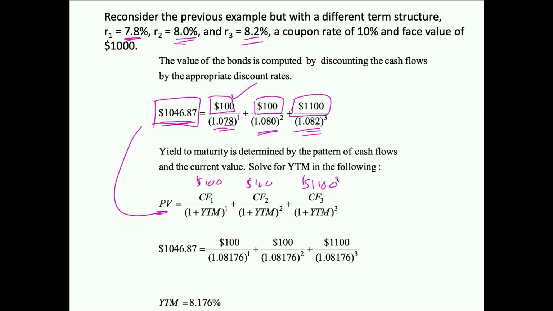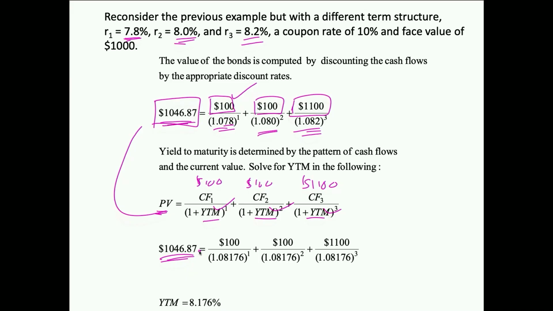Here, CF1, CF2, CF3. The yield to maturity is the identical rate. What rate R could we put there in the denominator, which is the same at time 1, time 2, and time 3? What identical rate at time 1, time 2, and time 3 delivers this PV of 1046.87? That's what the yield to maturity is.